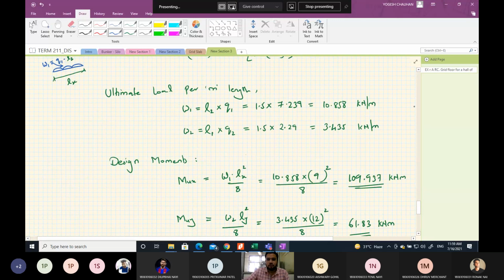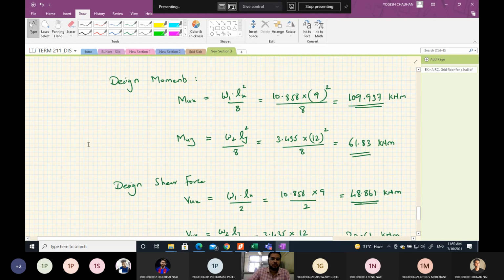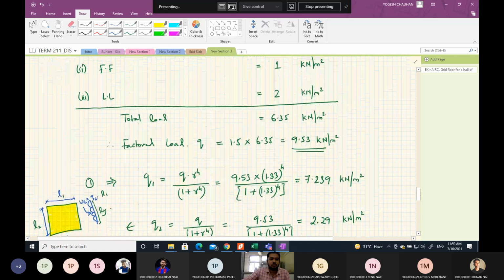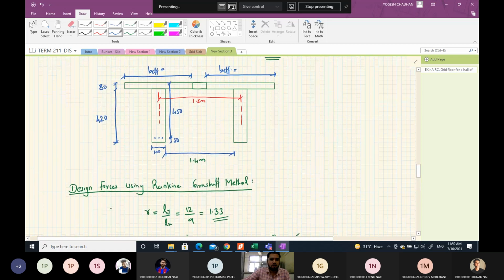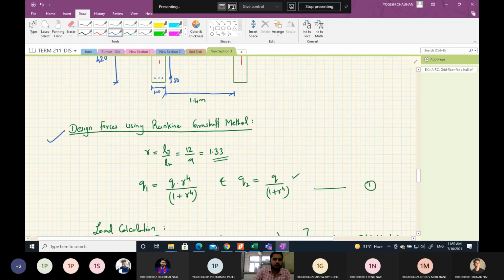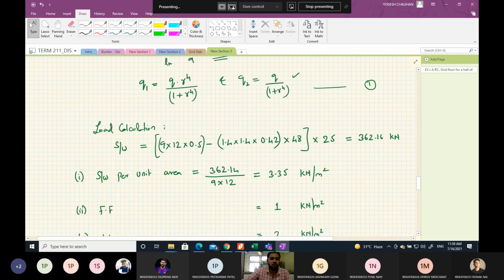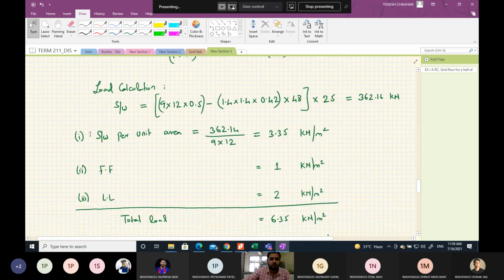You have to find these design forces using Rankine's Grashof method. So only this is changed, means this entire step, design force using this step is changed, except this load calculation. Even the load calculation is also same.